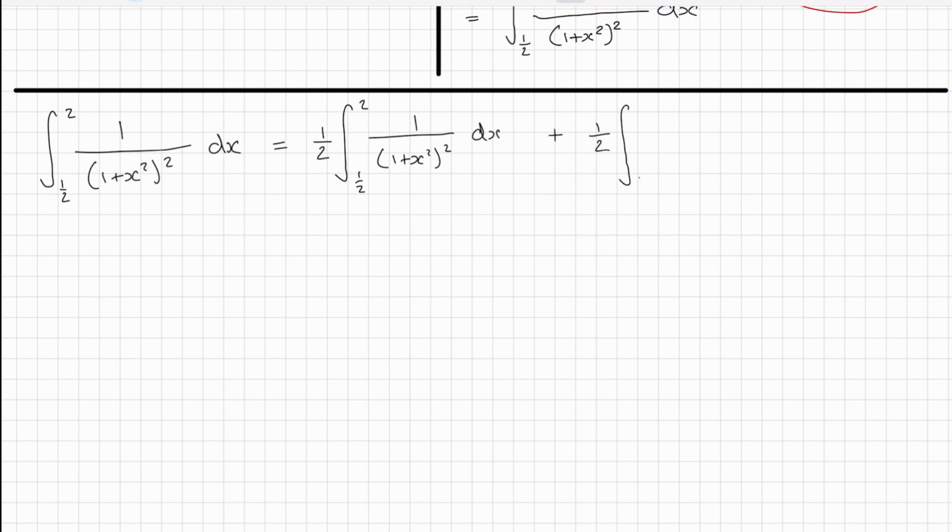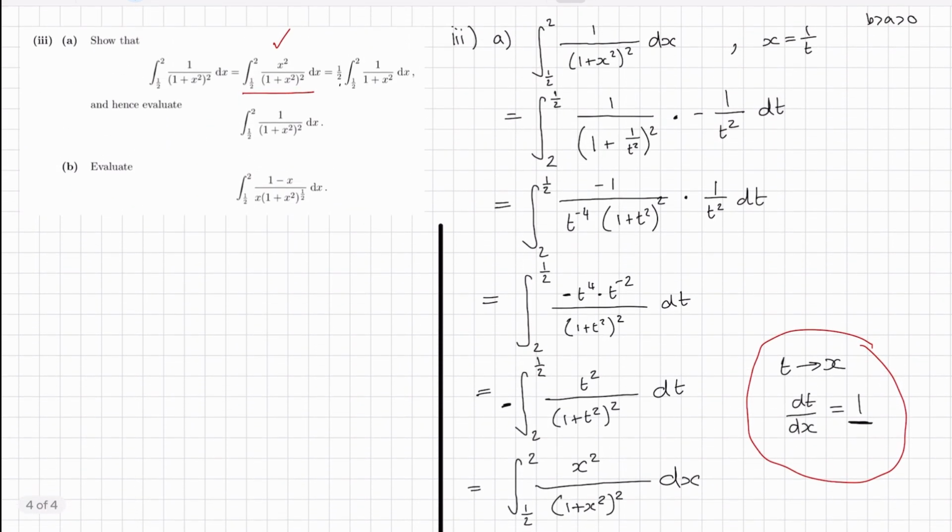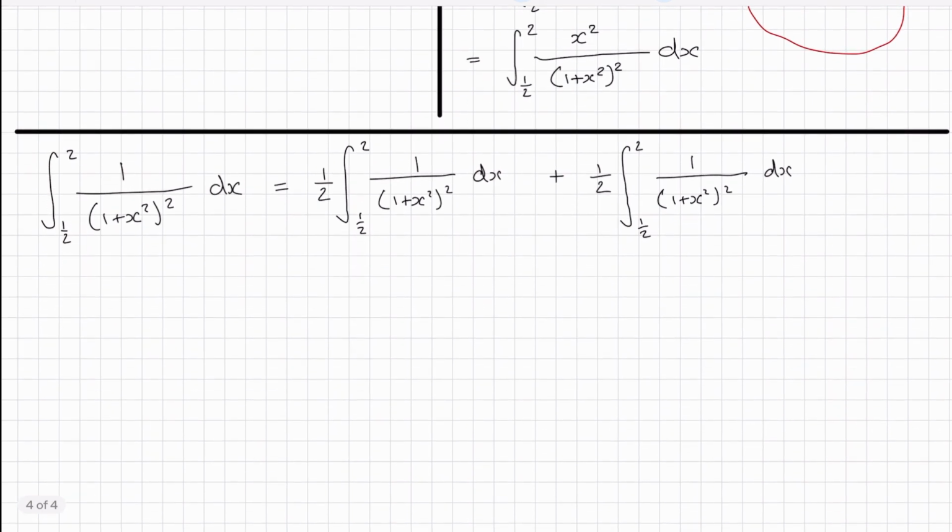So this is where the halves come in. But if we discard the half for a second, we know that the whole integral is equal to this. So let's change this last one.